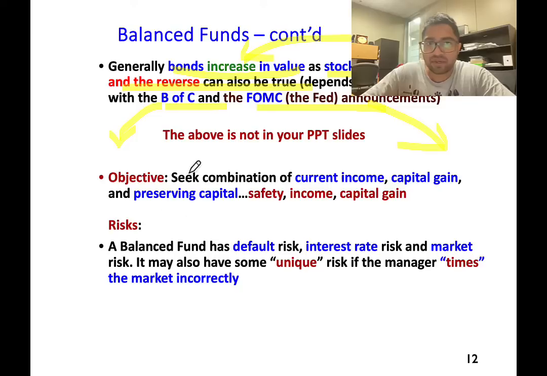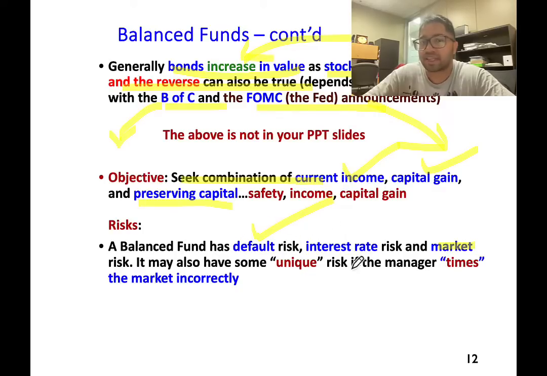The objective of a balanced fund is to seek a combination of current income from bonds, capital gains from, let's say, stocks, and some capital preservation using money markets. So safety, income and capital gains are the objectives. Risk: a balanced fund has default risk, which is additional to market risk, because they have bonds in them.